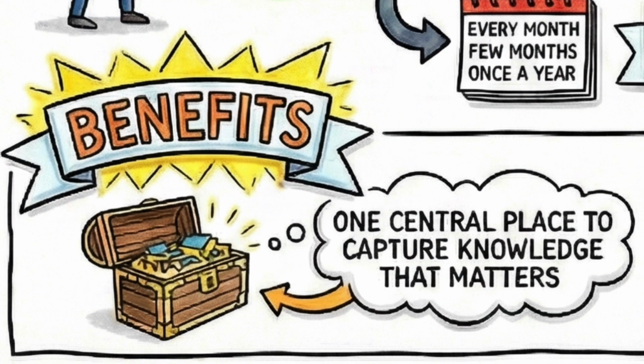Let's talk about some benefits that come from using this particular system. The first one is you have a central place to capture knowledge that matters to you. As I mentioned earlier, you really lose a lot when you are just trying to keep ideas in a notebook over here, a book that you've underlined over here, an email that you sent over there, something that you've saved as a watch later over here.